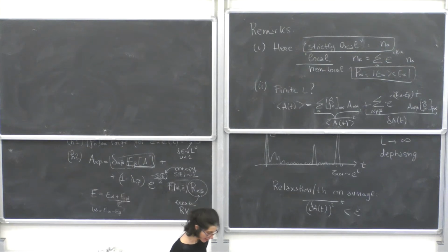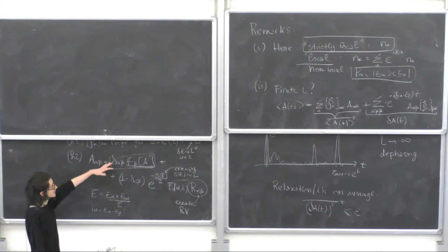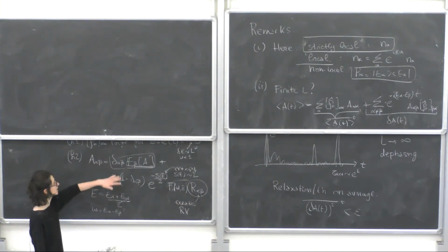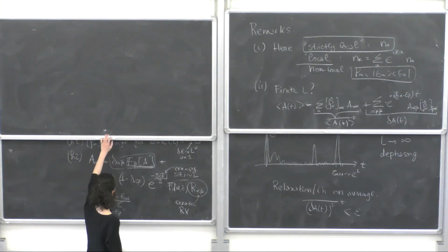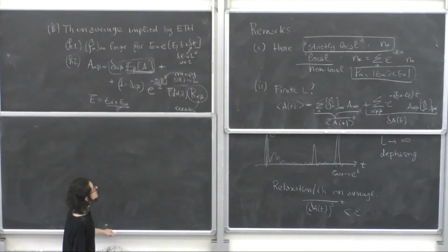Okay. And so the reason why I wanted to speak about ETH is that when you do numerics on these random systems, this is what you look at typically. And so now I will show you plots about this.